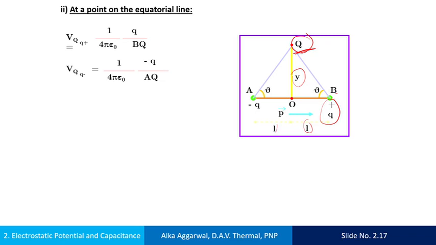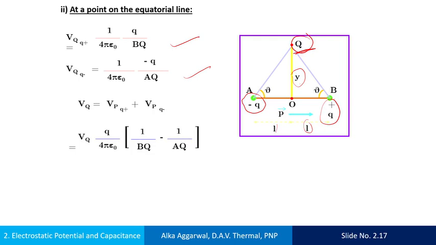Similarly, the potential at Q due to the charge minus q which is placed at A is written as 1 upon 4 pi epsilon naught minus q upon AQ, which is also equal to the square root of y squared plus L squared. The net potential at Q is the sum of these two potentials.